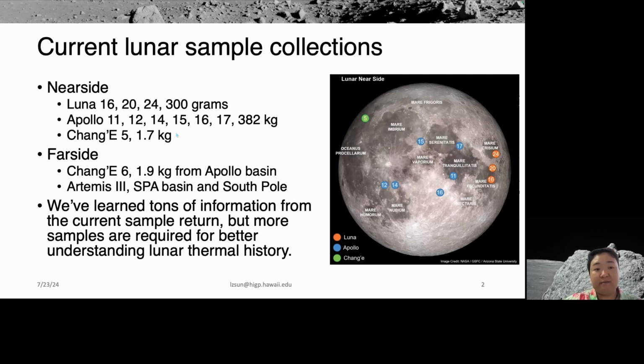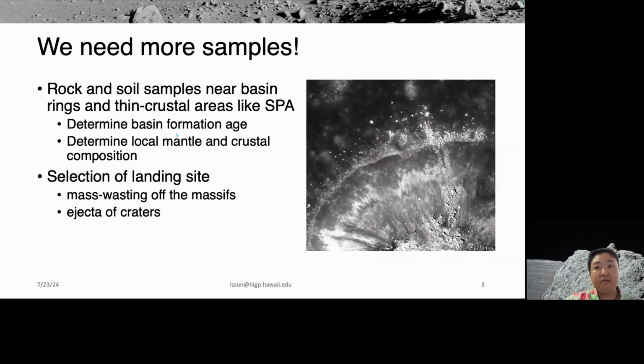But still, we need more because, for example, the mantle composition of the global Moon is still unclear. To learn this, a good sample collection would be samples from basin rings or central peaks.